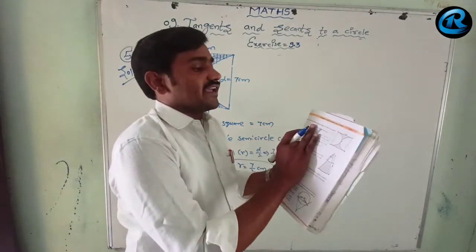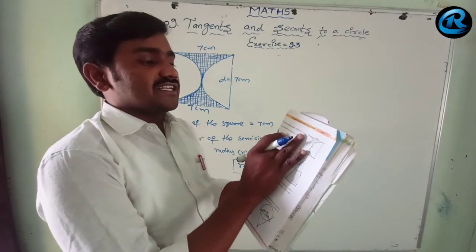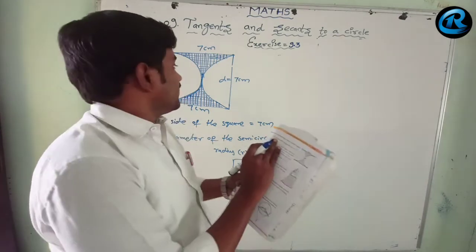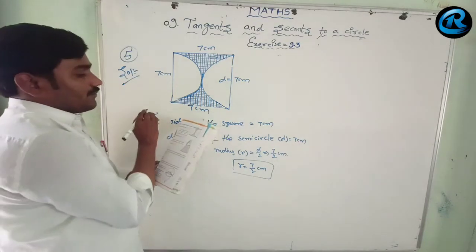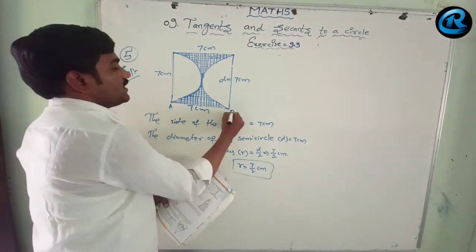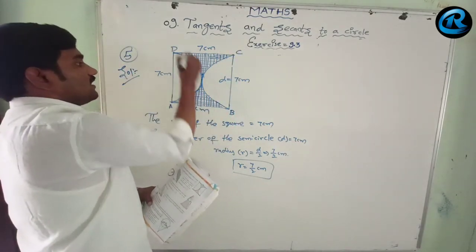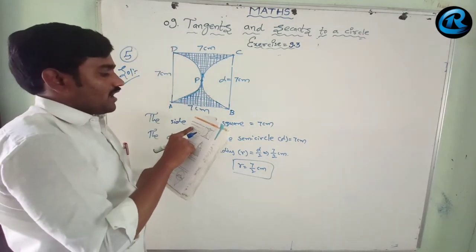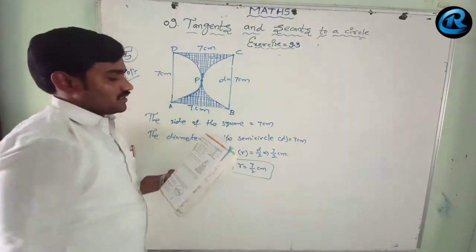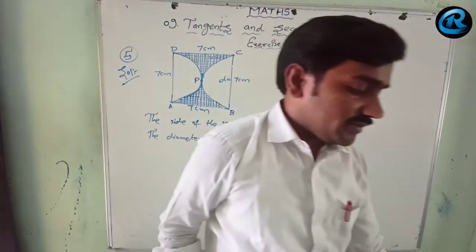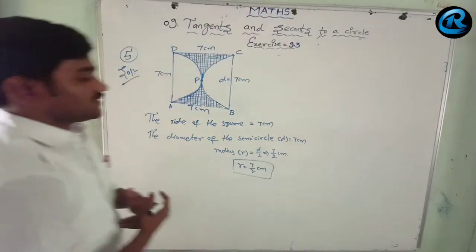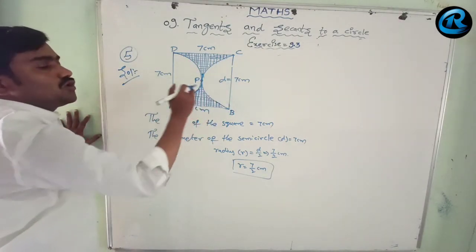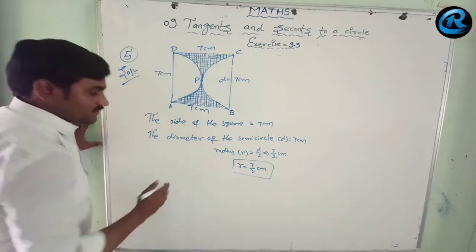Find the area of the shaded region, in which ABCD is a square of side 7 centimeter, and APD and BPC are semicircles. Here ABCD is a square, and in that APD and BPC are two semicircles. Simple, the area of square minus these 2 unshaded semicircles.